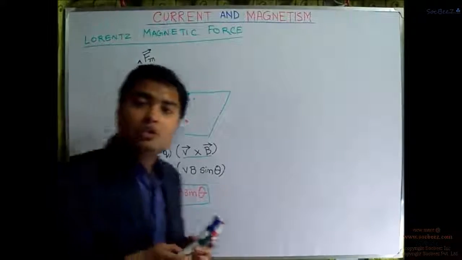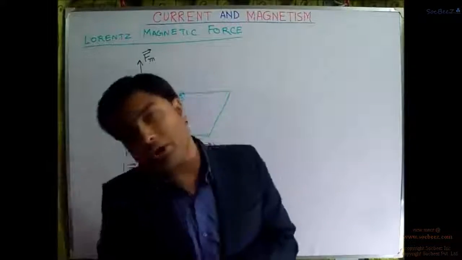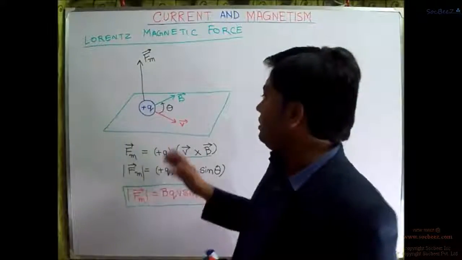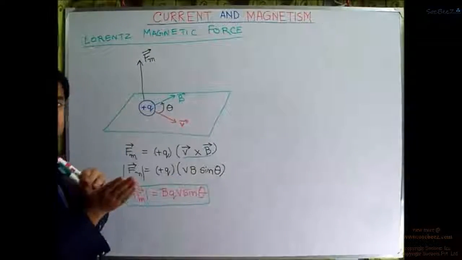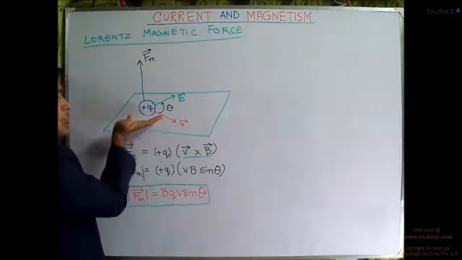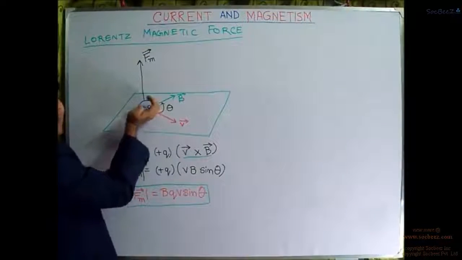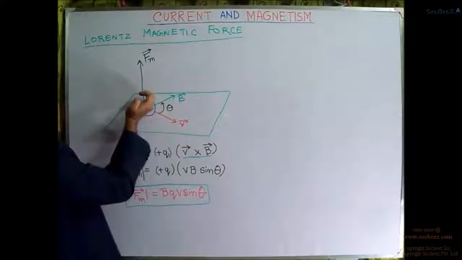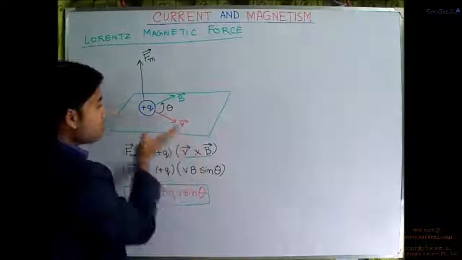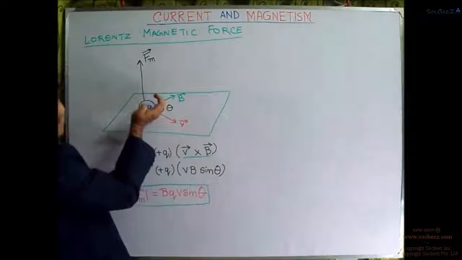Simple. Use the corkscrew rule or Maxwell's right hand thumb rule. Place the fingers of the right hand in such a way that the curling of the fingers indicates the direction of this angle. See, we are moving from V to B. So this will be the curling like this, right?